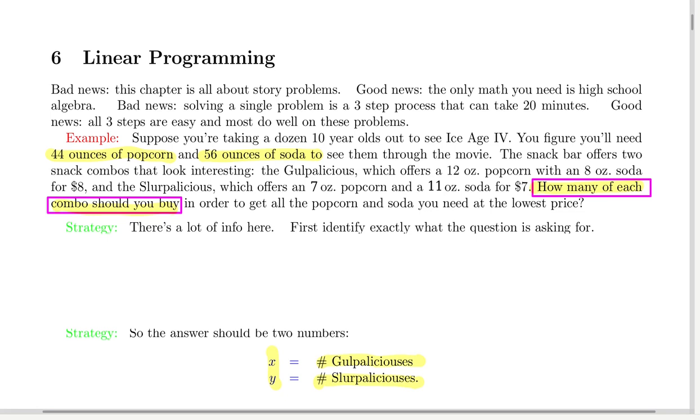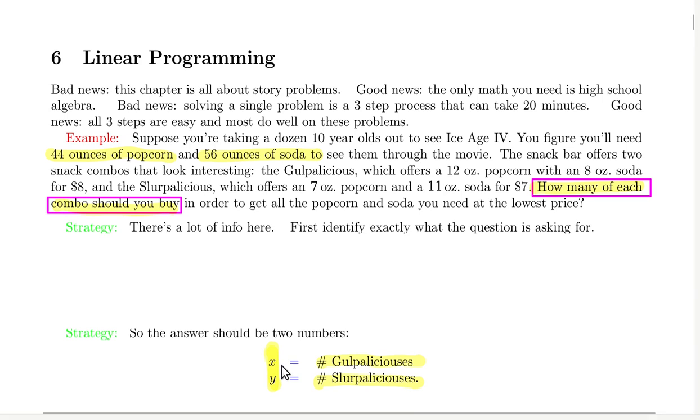The variables correspond to what we're trying to figure out, the value of x and y, which is the number of each pack. So we've just identified the variables. That's probably the most basic step in solving the problem.